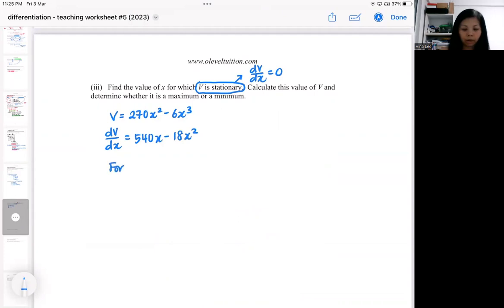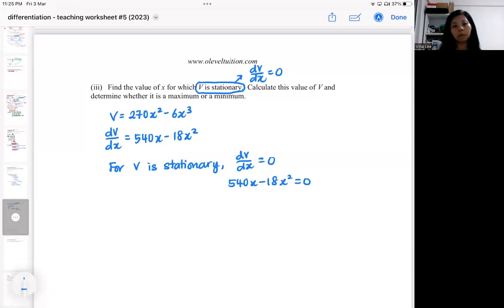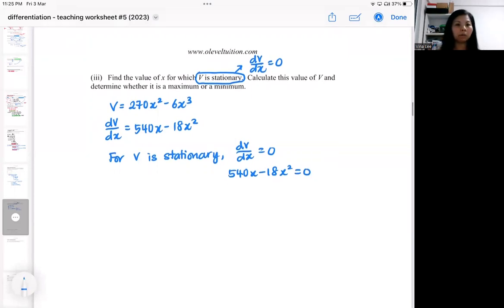For V is stationary, write out the definition so that it guides you in the steps. When you set dV/dx equal to 0, it is a quadratic equation.